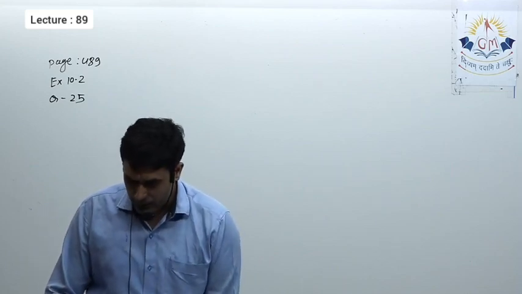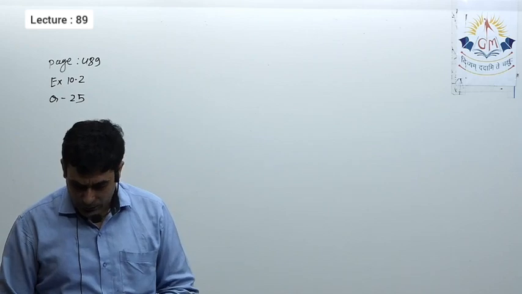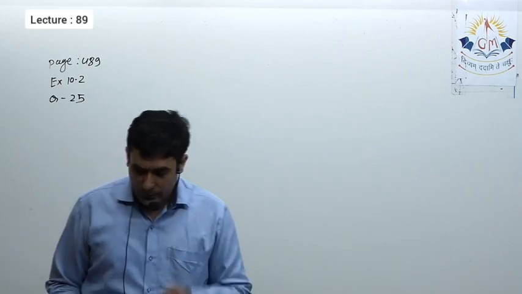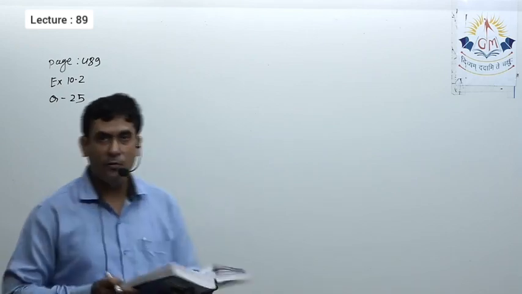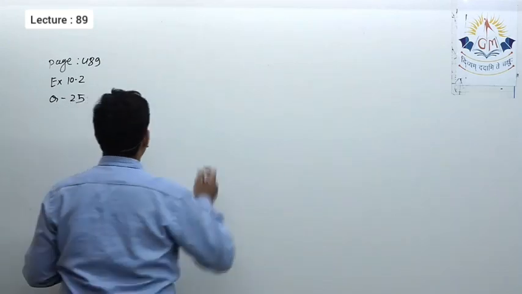Through A, B and C lines are drawn parallel to BC, AC, AB. Prove that the perimeter of PQRS is double the perimeter of triangle ABC.